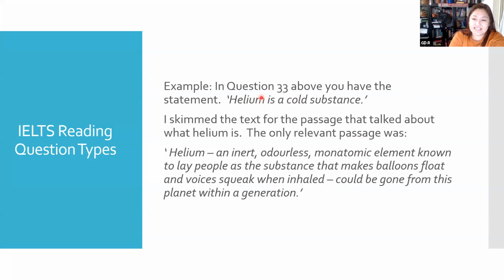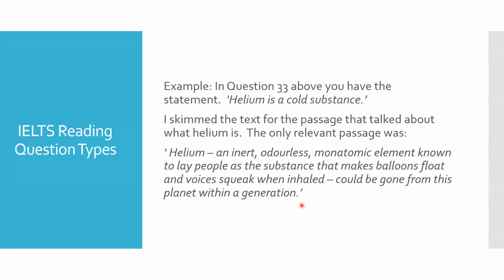So the statement is, helium is a cold substance, and this is the relevant passage. Helium, an inert, odorless, monoatomic element known to lay people as the substance that makes balloons float and voices squeak when inhaled, could be gone from this planet within a generation. So class, is it a yes, no, or not given?